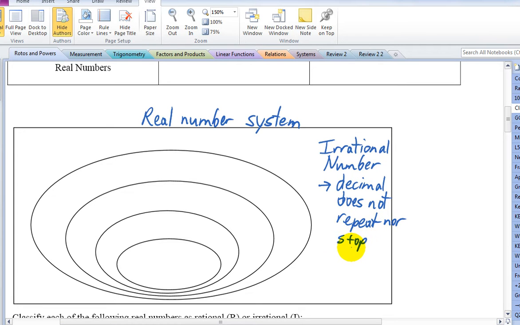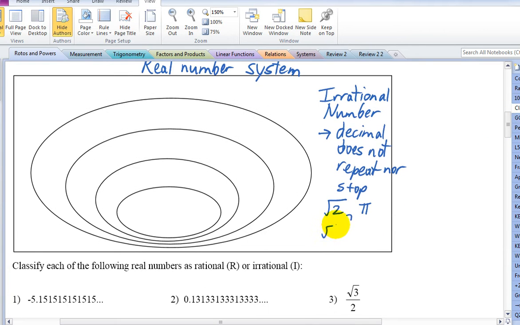So it goes forever and ever and ever. Those would be such things as square root 2, pi. We've never found the end of pi. Okay. Square root 3, square root 7.